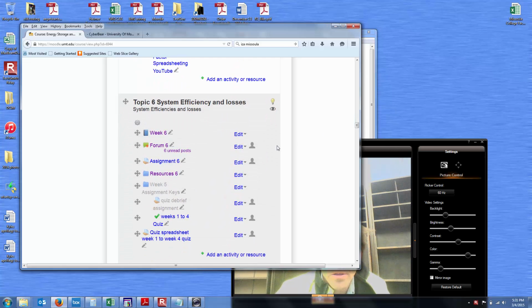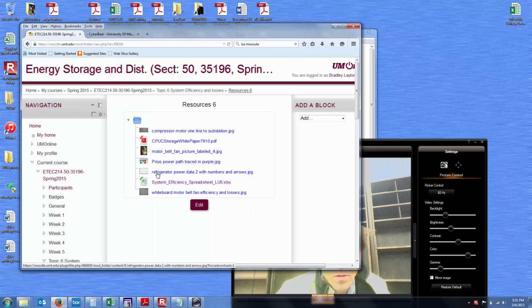So I am going to go into week 6 resources. What we're going to do is download the system efficiency spreadsheet.